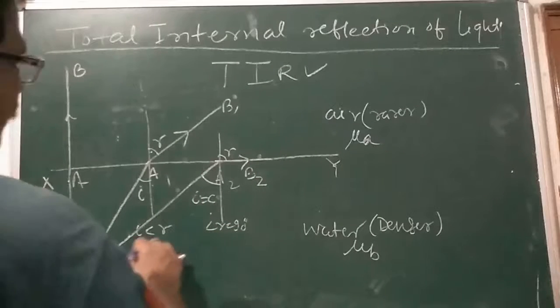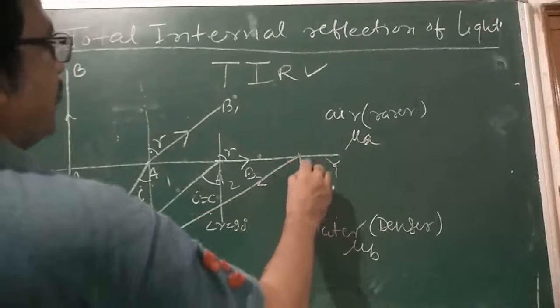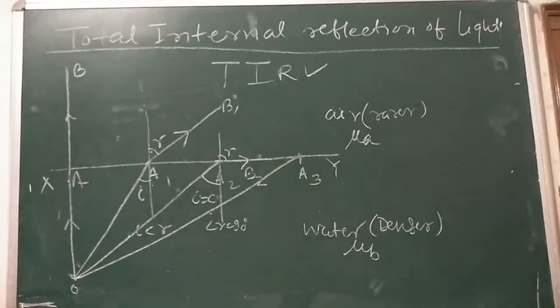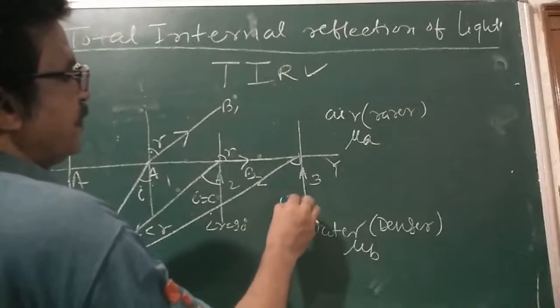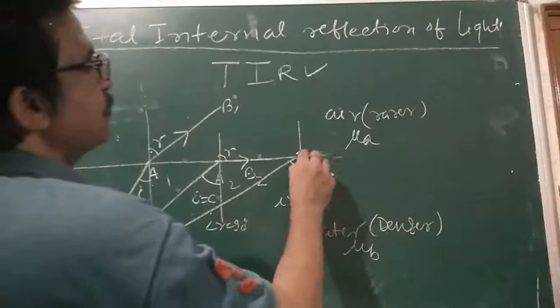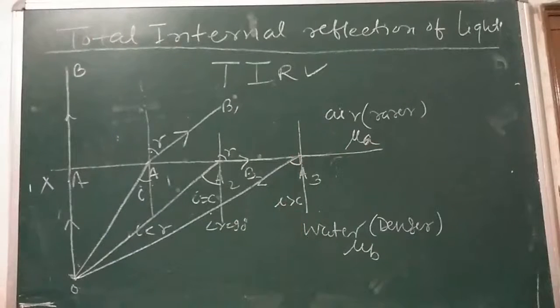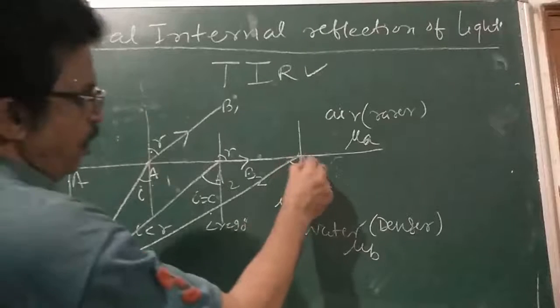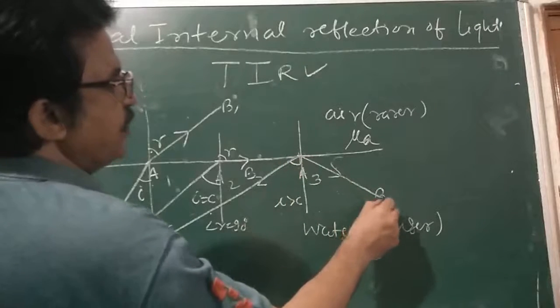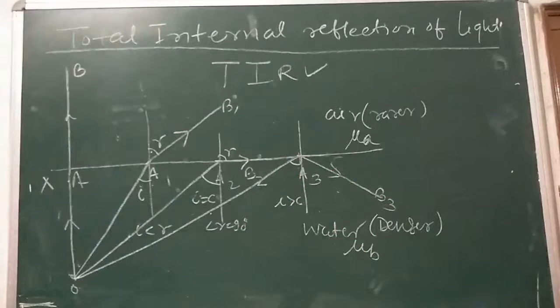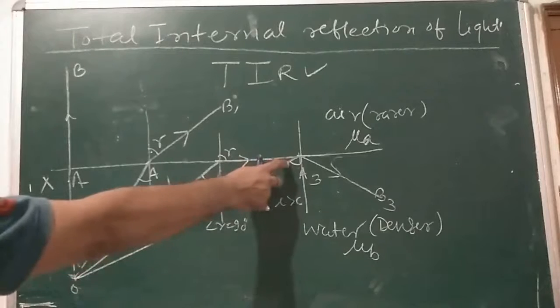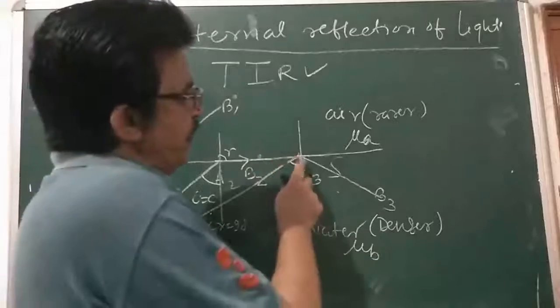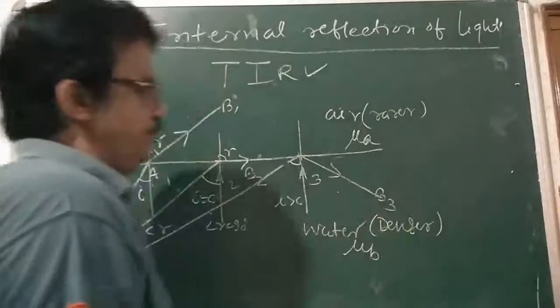Then another ray, say here A3, where the angle of incidence I is greater than C. When the angle of incidence is greater than C, it will be reflected along A3, B3 in the same medium.